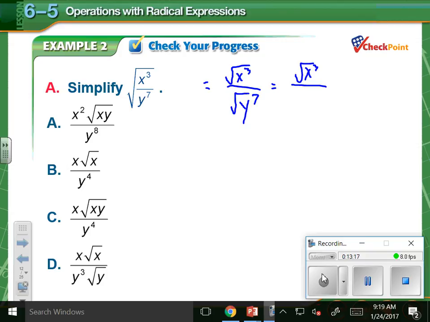What does that turn into? y cubed squared, y. So that turns into y cubed square root of y on the bottom. The top was what, x root x.